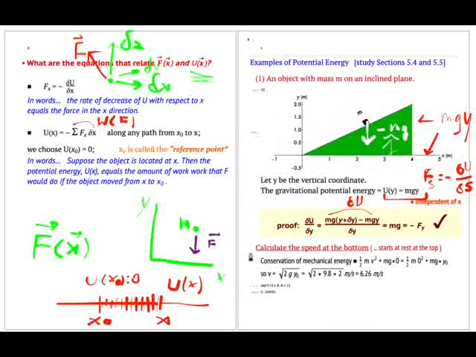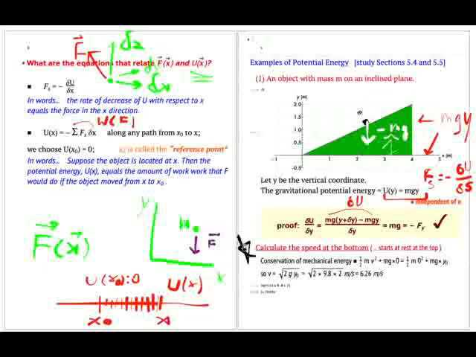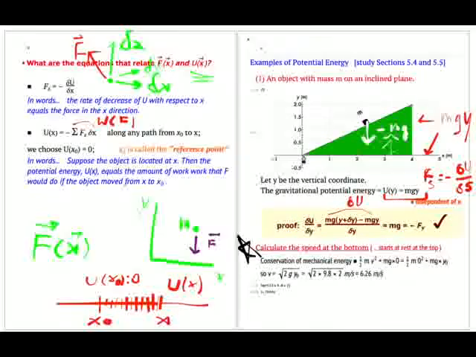All right, now let's ask a question. Calculate the speed of m when it reaches the bottom of the inclined plane. Let's say it starts at the top at rest.